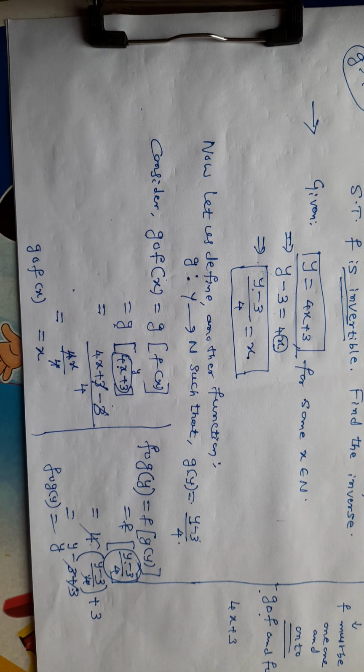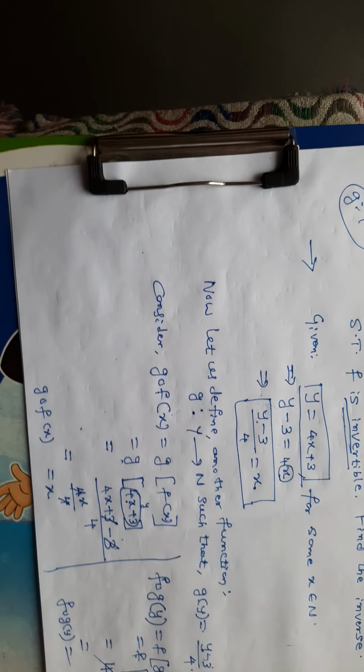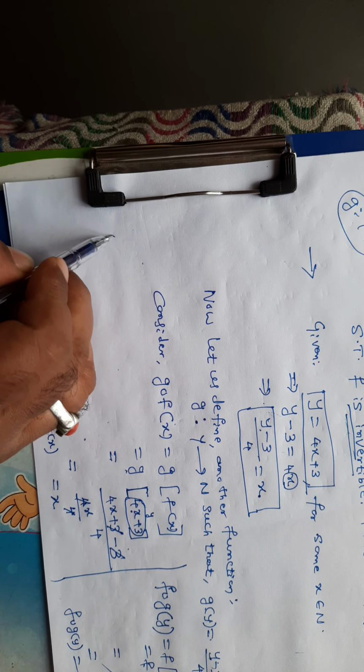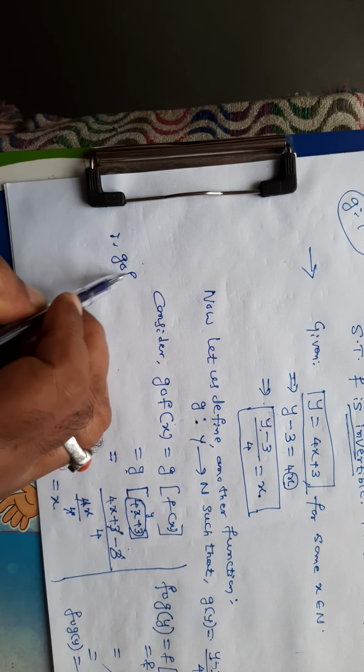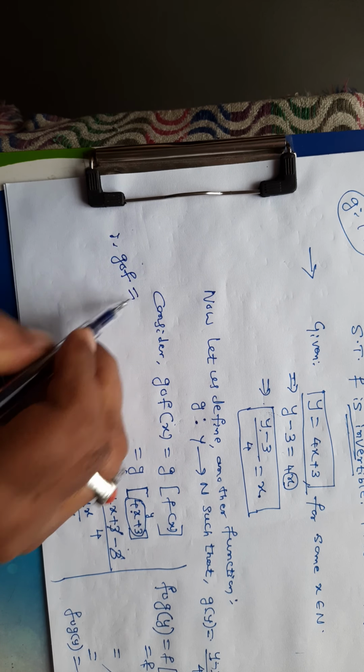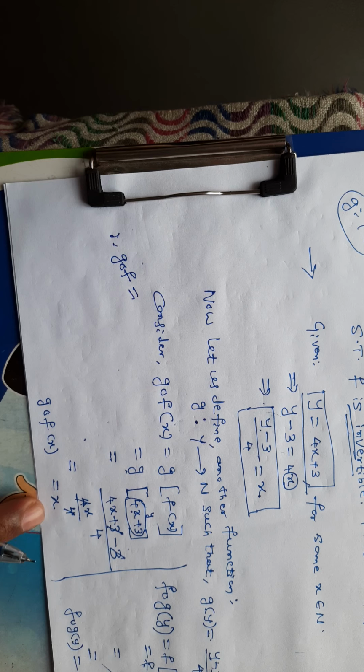So now what is my conclusion here? So I can write here, therefore what we proved here, see, composition of f and g is equal to x.